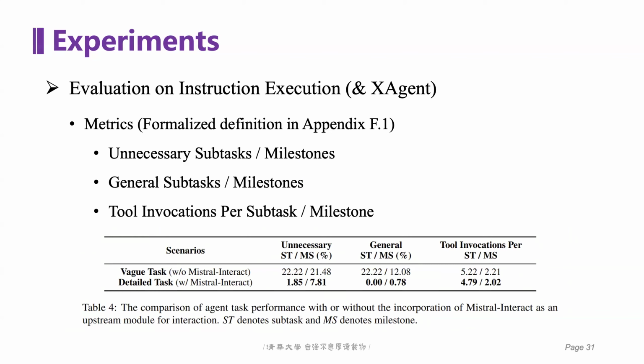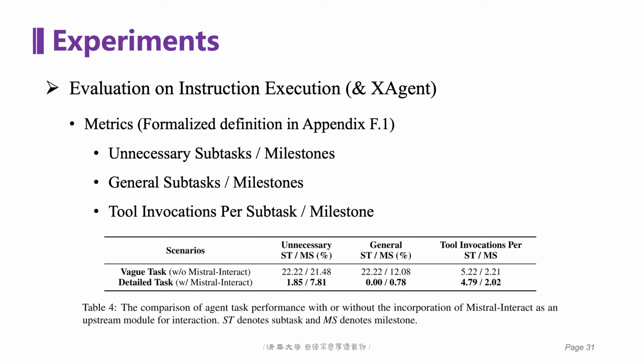The first one is unnecessary subtasks or milestones. In the X agent system, when they are carrying out an agent task, they do something like divide and conquer. They first divide the task into several subtasks and conquer them one by one. This rate measures whether some of the subtasks are unnecessary, where the undergrad student says the agent does not have to do this to achieve my requirement.